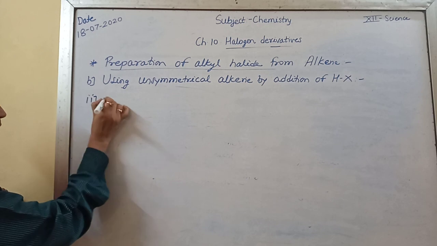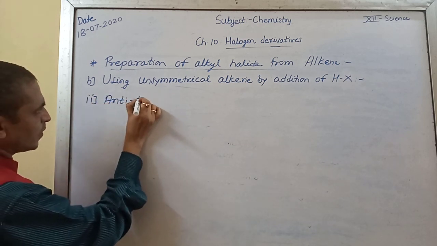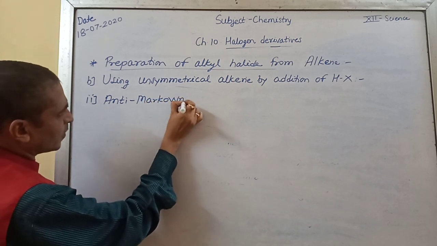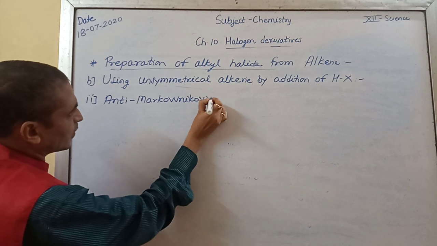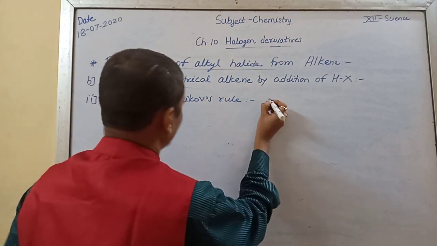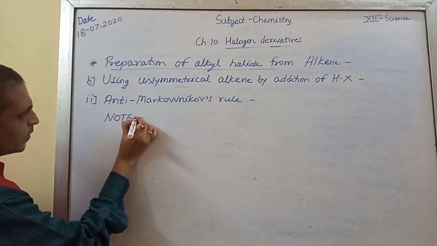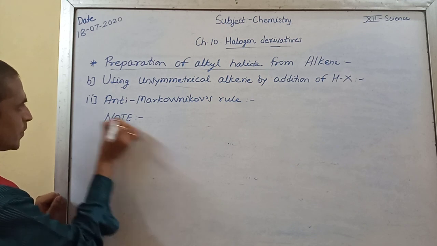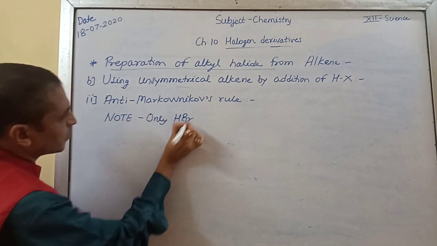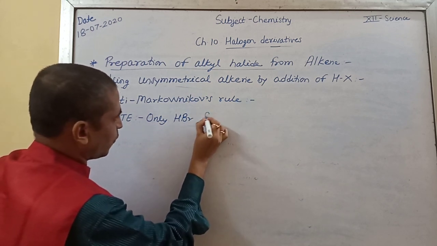Second part, anti-Markovnikov rule. See, note. Only HBr follows anti-Markovnikov.